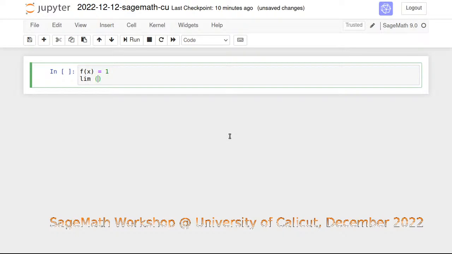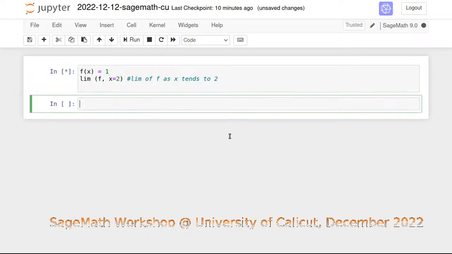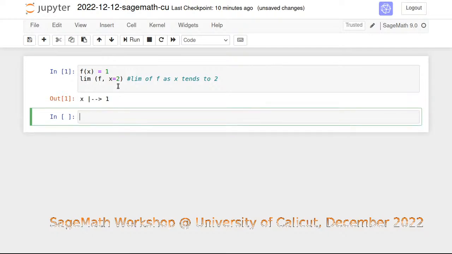So it is f at x equal to 2, which essentially means the limit of f as x tends to 2. Let us see. The result is just 1.